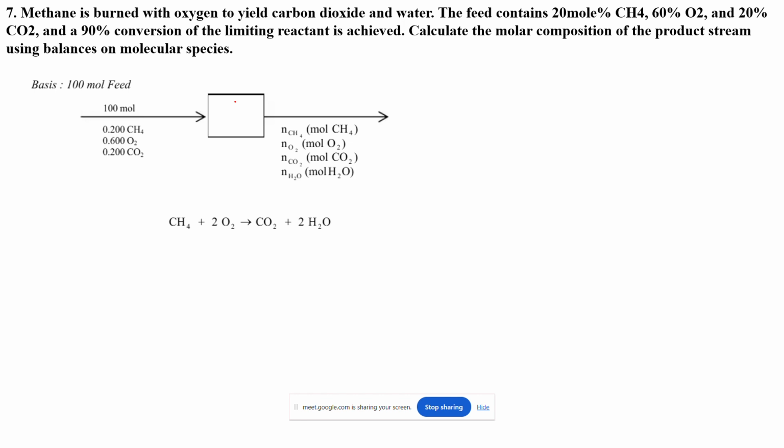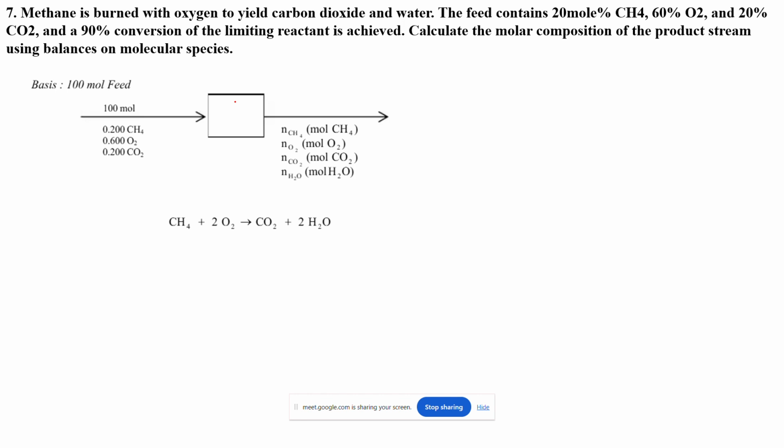In the output we are getting some moles of CH4, O2, CO2 and H2O. We don't know the exact amounts of these species coming out of the system.